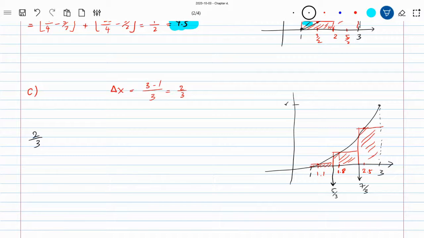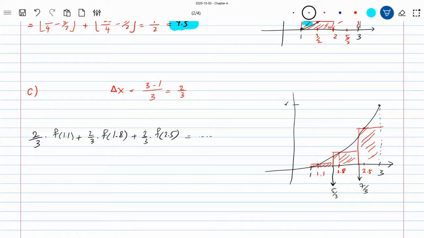So how do you find the area? The area must be 2/3 times f of 1.1 plus 2/3 times f of 1.8 plus 2/3 times f of 2.5. These are decimal values. I'm going to leave it for you to add up and find the area.